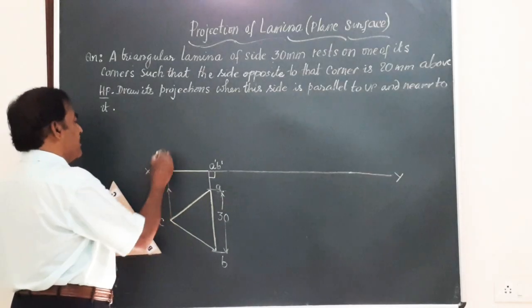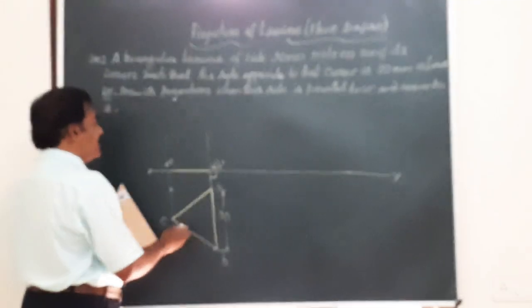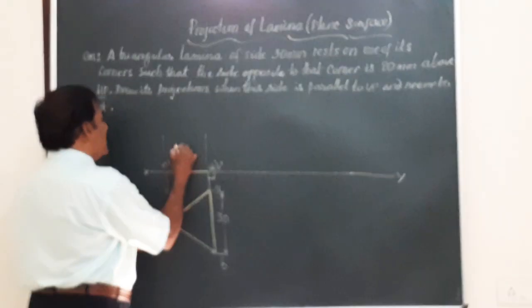So, let me call the length of this line which represents the triangular surface as M. The M represents the front view length of the surface.